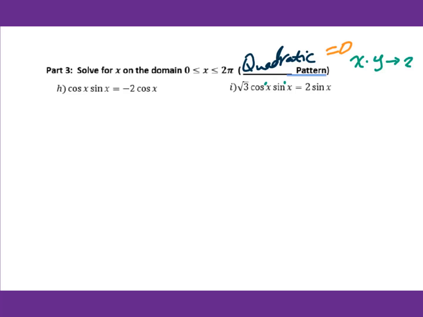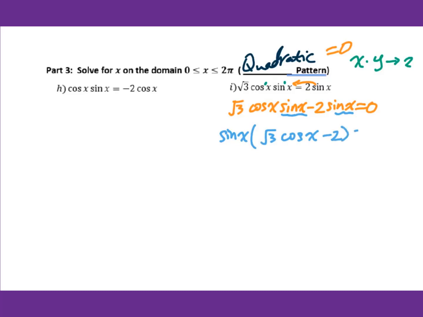So I move everything to the left side. We get square root of 3 cosine x sin x minus 2 sin x equal to 0. Then common factor will be sin x. You will get square root of 3 cosine x minus 2 equal to 0.